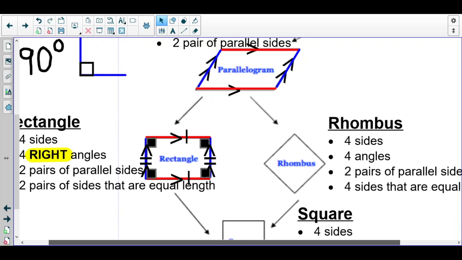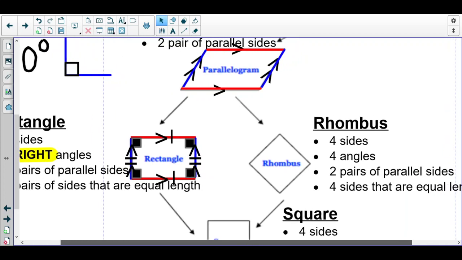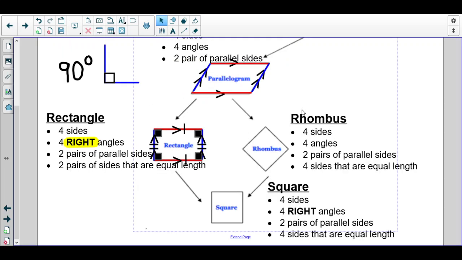Now let's come over here to rhombus, and we'll notice a few things that are slightly different. So we have 4 sides, we have 4 sides. We have 4 angles, and then we have 4 right angles. We have 2 pair of parallel lines, 2 pair of parallel lines, and then 4 sides that are of equal length, where here we just had 2.